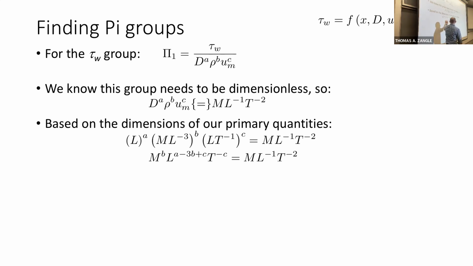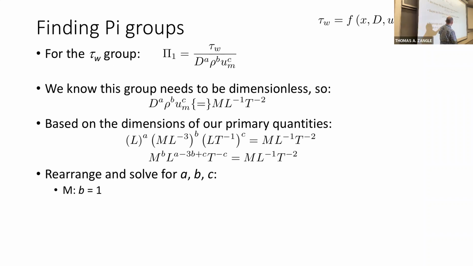Okay, we do the same thing. M was easy here, M to the B, and T was just to the minus C. Right, and from this expression, we can see that we're going to have three equations. We have three unknowns, so we're going to end up with three equations. We know, for example, M to the B should be M to the 1. So B has to be 1, for example.